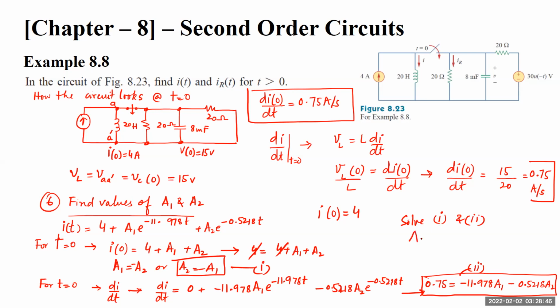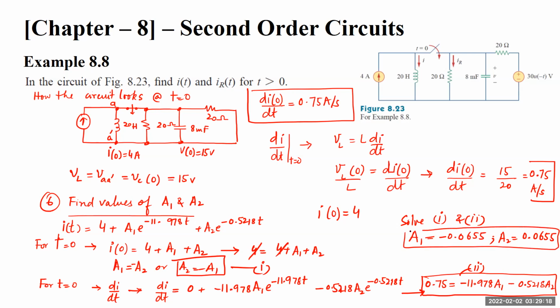We get A1 equals minus 0.0655, and A2 will be 0.0655, right? So these are the two values for A1 and A2 after solving these two equations.